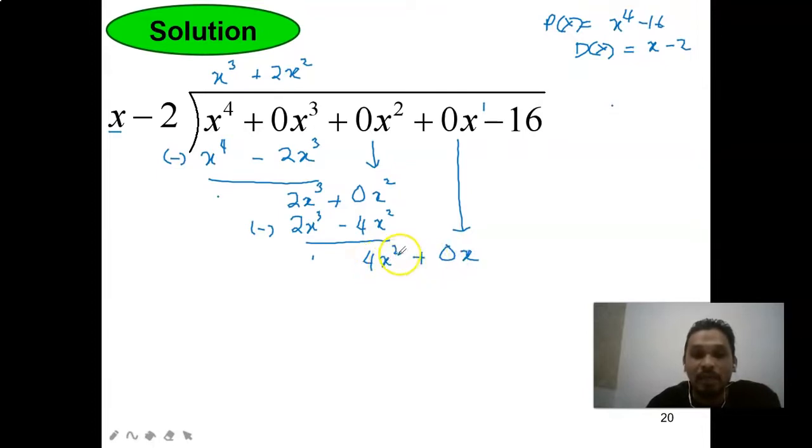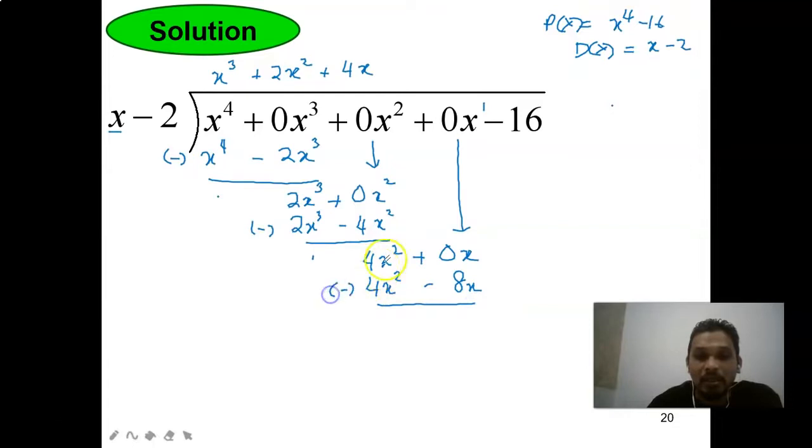Now 4x squared divided by x equals 4x. Let's try again. 4x multiplied with x, 4x squared. 4x times negative 2, minus 8x.